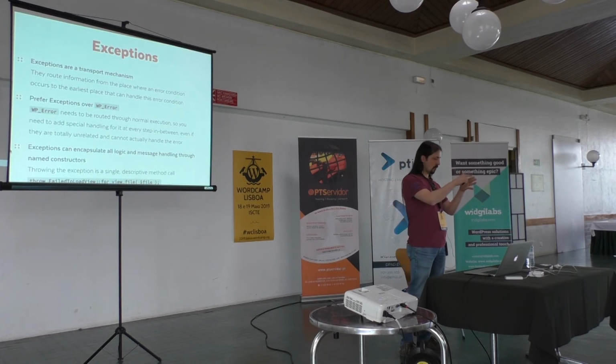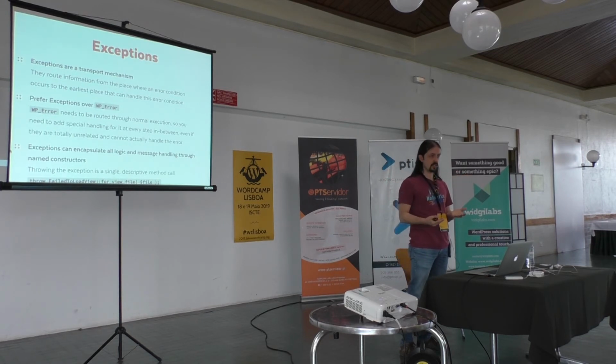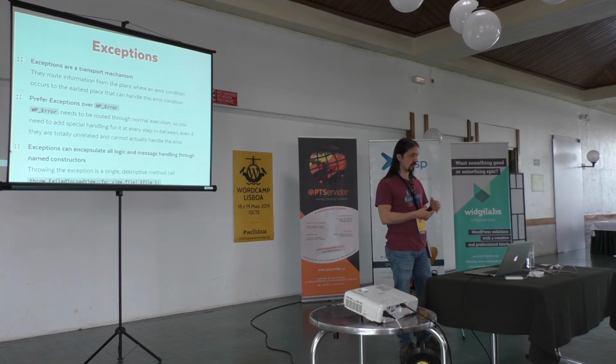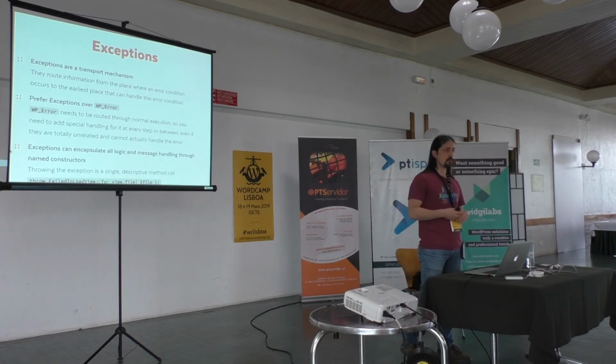Well, the WP error object needs to be passed through all the functions to that last one. It means that all the functions in between need to be aware of the WP error object and check for it, because otherwise they might do operations on it that will just break your code. So that's an issue with using the direct data return mechanism for error information.